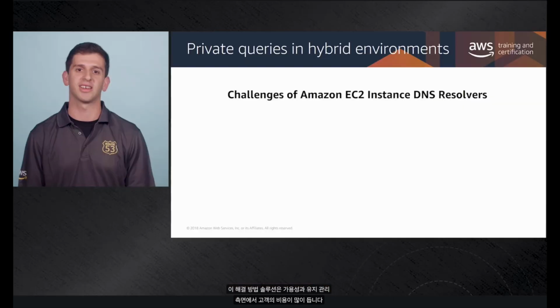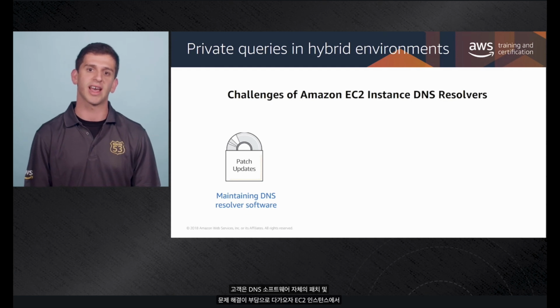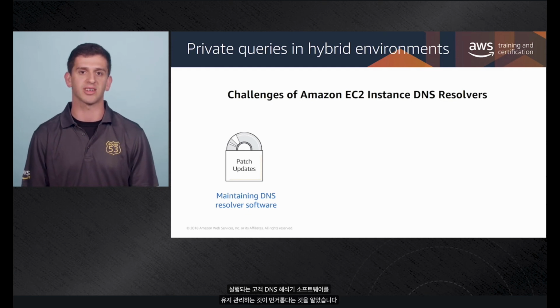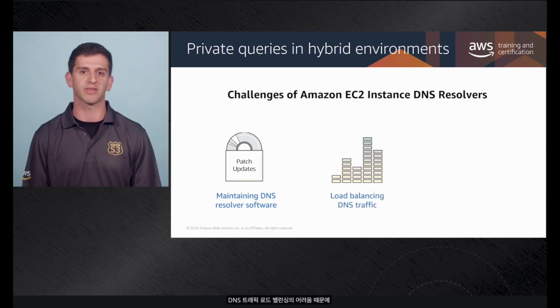This workaround solution is costly to customers in terms of availability and maintenance. Customers found it cumbersome to maintain custom DNS resolver software running on EC2 instances, as the DNS software itself presented a patching and troubleshooting burden. Because of the difficulty of load balancing DNS traffic, customers typically provisioned a handful of large EC2 instances in each region to act as resolvers for all DNS traffic for their network in that region.